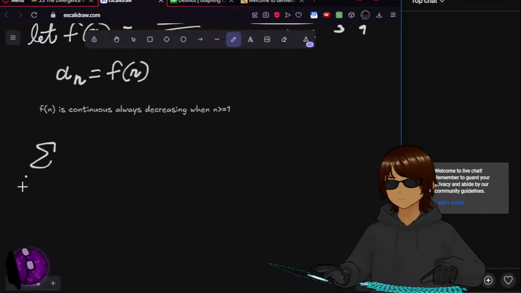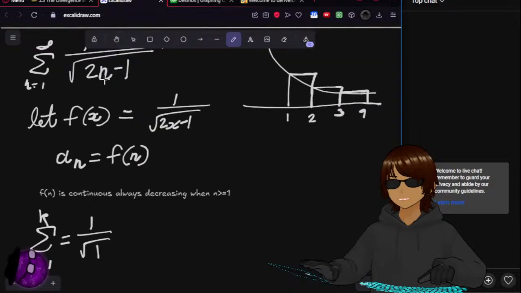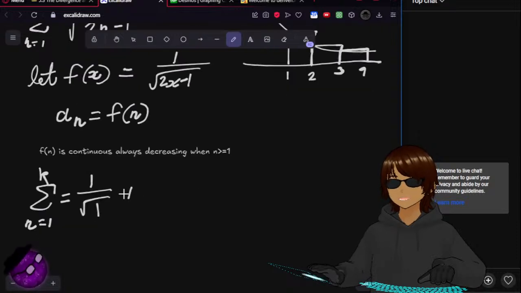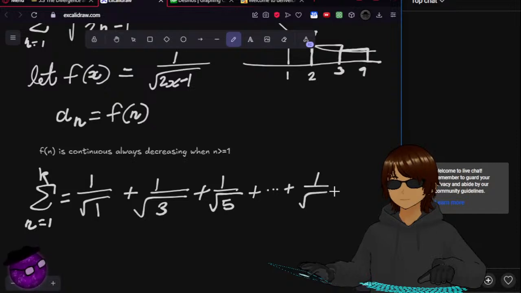So the sum till k is equal to 1 over root 1, n is 1, plus 1 over 2 times 2 is 4 minus 1, 3, 2 times 3 is 6 minus 1, 5, up to 2k minus 1.